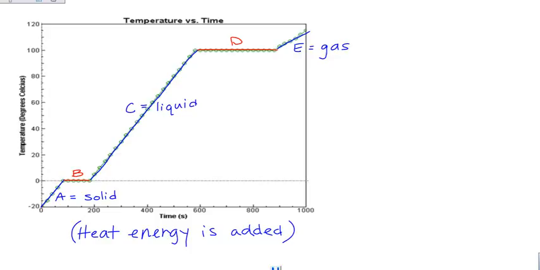At 0 degrees Celsius, this is your melting point, and if I'm increasing in energy, it could also be my freezing point if I'm decreasing in energy. And at 100 degrees, if I'm increasing in energy, this would be my boiling point.